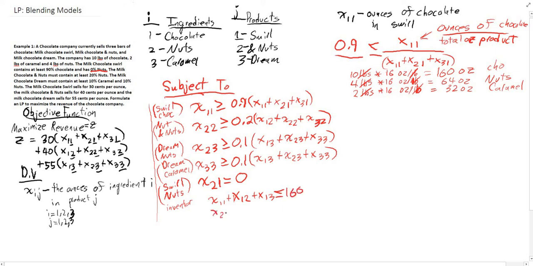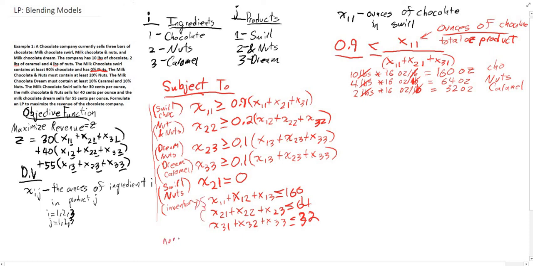The total amount of nuts in every single product has to be less than or equal to 64. The total amount of caramel in every single product has to be less than or equal to 32. These are our inventory, or at least that's what I'll call it.